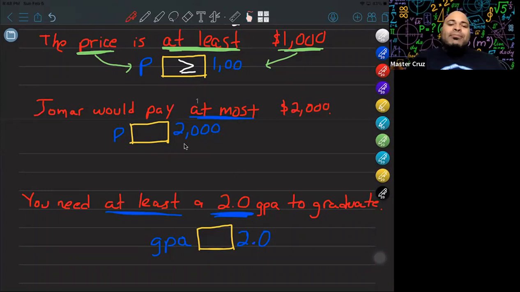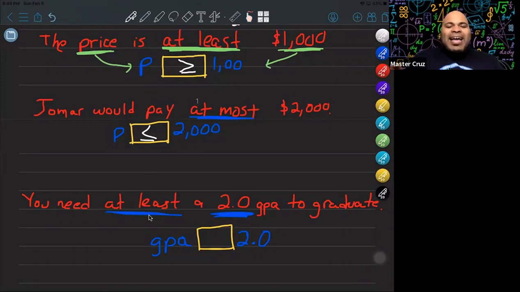That's the maximum that you're willing to pay. Therefore, you would pay less than $2,000. So if the trip happens to be $1,500, that's perfect. You save $500. So less than or equal to, right? Or equal to, because you are still willing to pay the $2,000, just the most that you would pay.